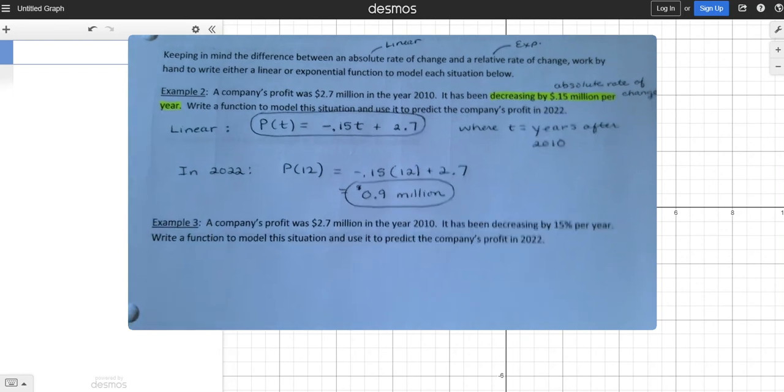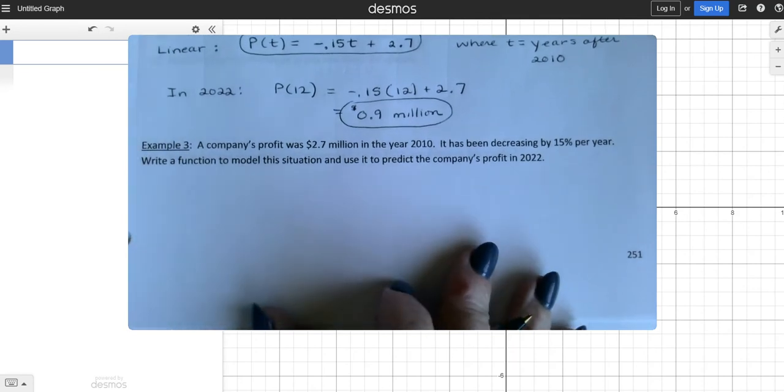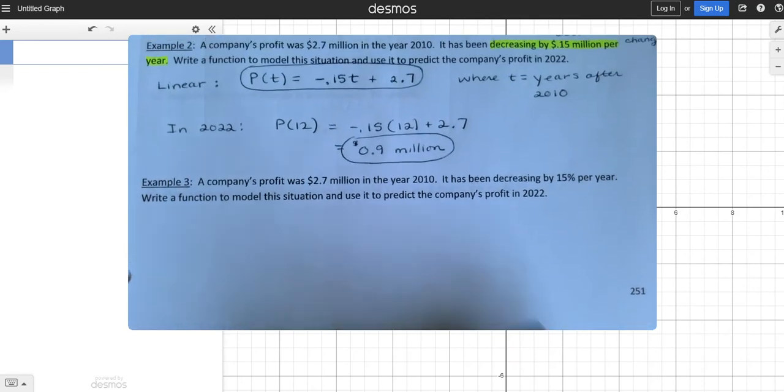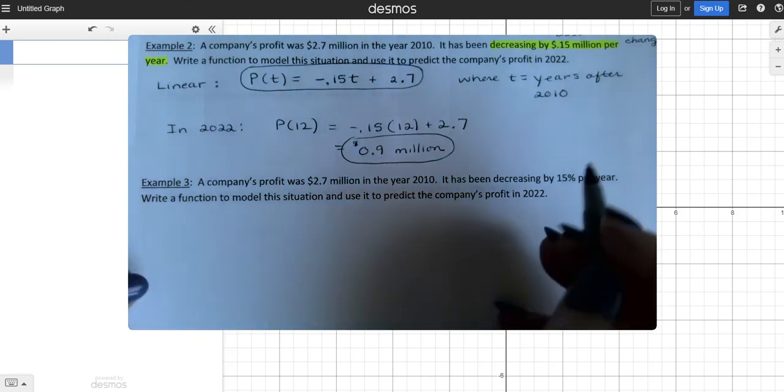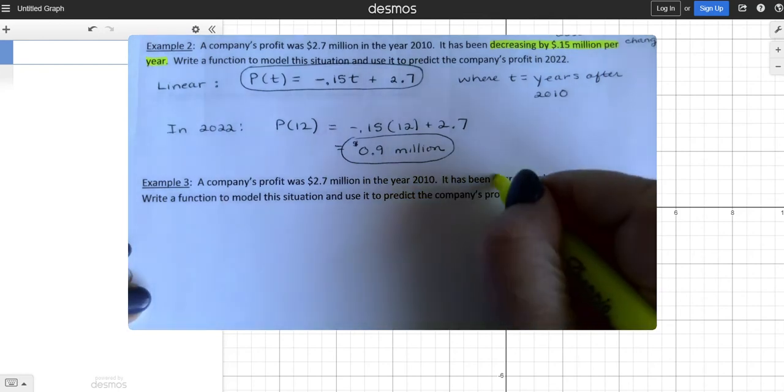All right, compare that to some slightly different wording in example 3. Still a company whose profit was $2.7 million in the year 2010. This time it's been decreasing by 15% per year.